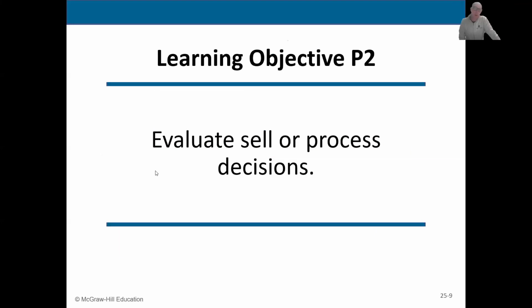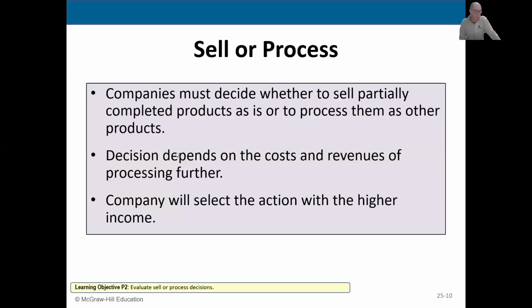What about the decision to sell or process further? In the last chapter, at the end, I brought up the example of the milk processor. They turn raw milk from the cow into different types of milk through pasteurization.